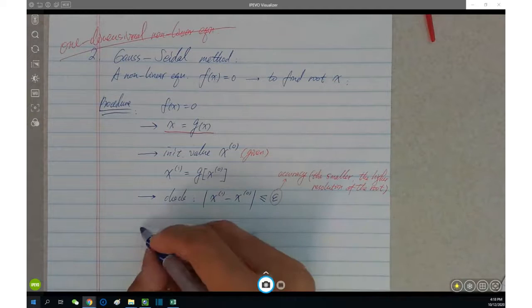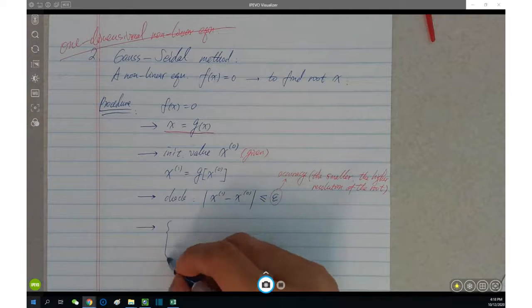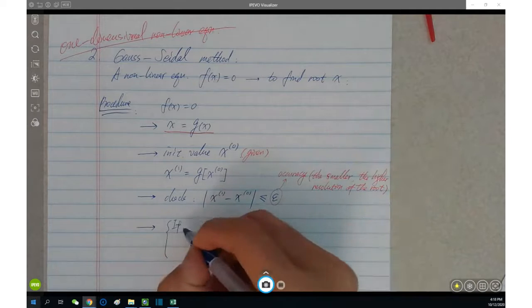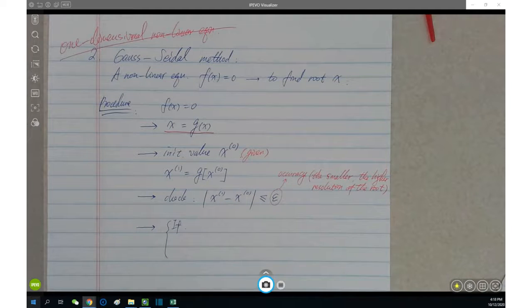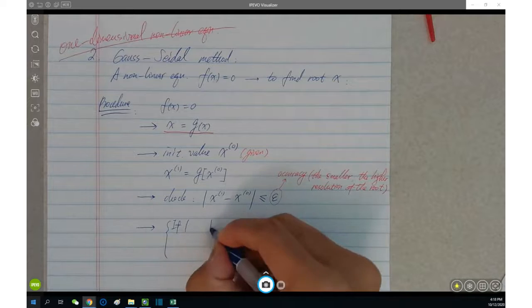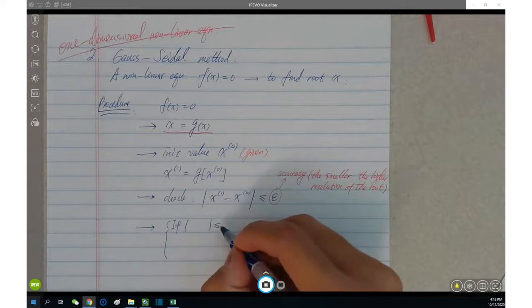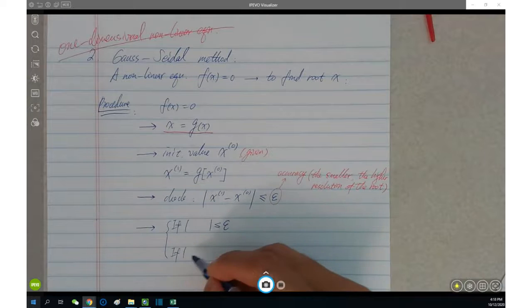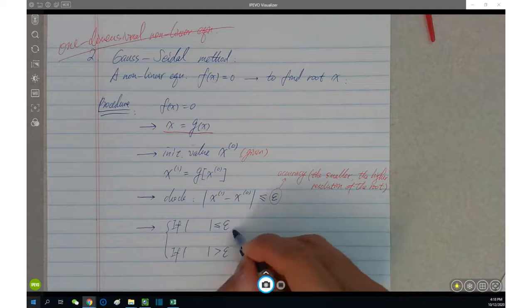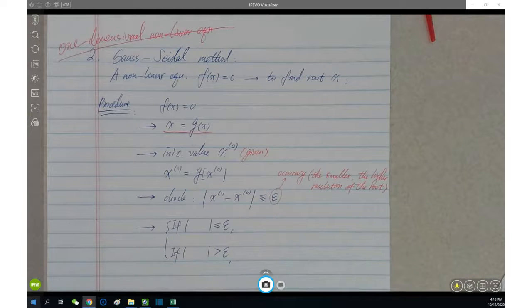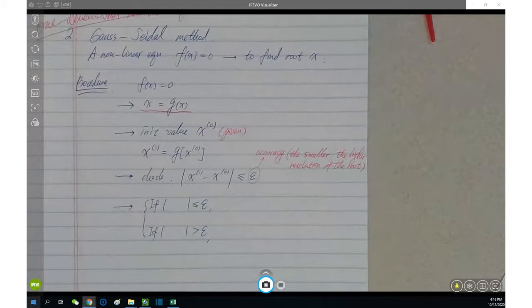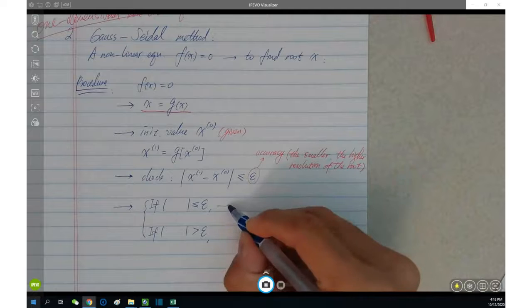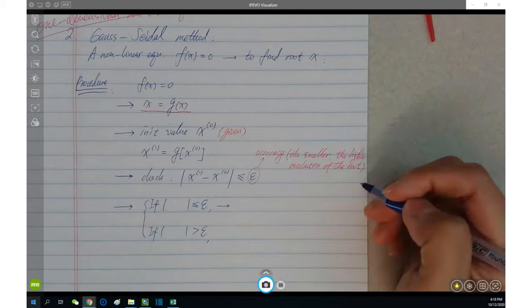And obviously, you have two scenarios. If this magnitude is less than or equal to epsilon, or otherwise, right? So if it is equal or less than epsilon, what does it mean? What do we say?